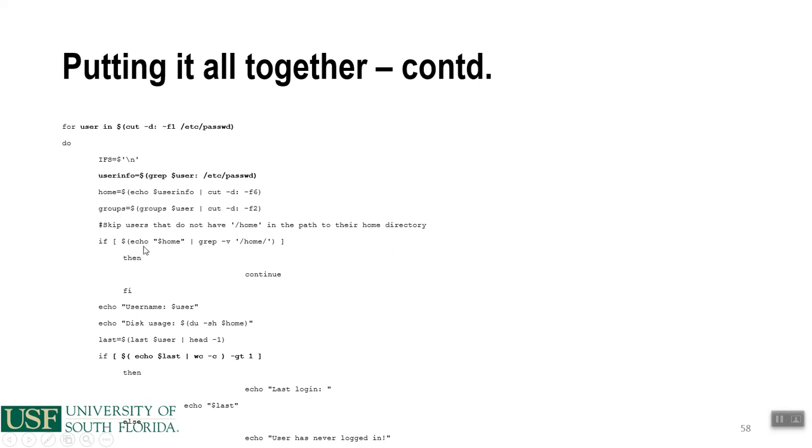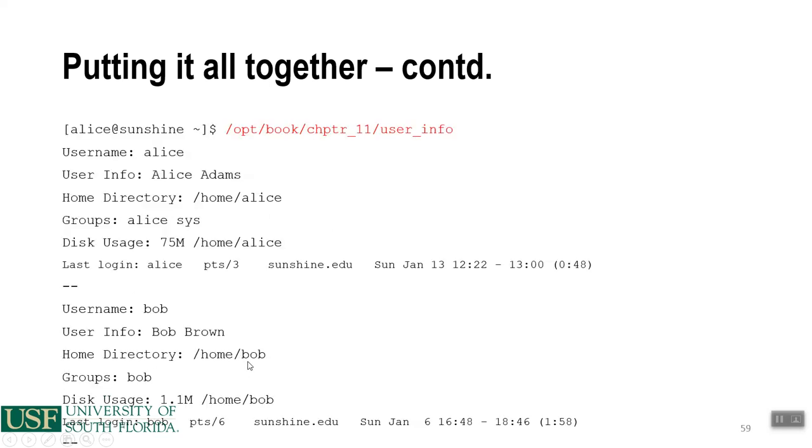So if it fits this particular condition, then continue. Print out the username, print out their disk usage, and then go ahead and assign additional variables to them. And then you can start to print out when their last login was and so on. So you can start to see how this becomes very useful.